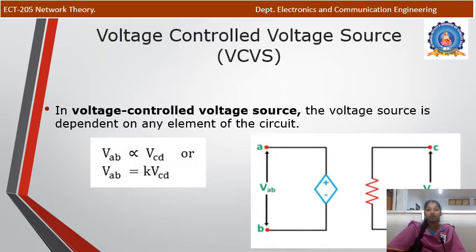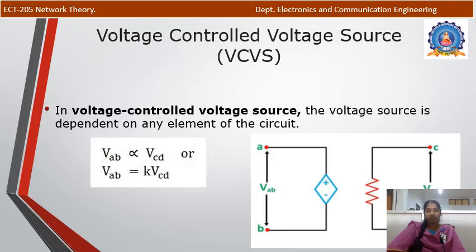Voltage controlled voltage source means VCVS. First you note the last two words, that is voltage source. Voltage source means its output quantity is voltage, right? And the first word indicates what the output voltage depends on.